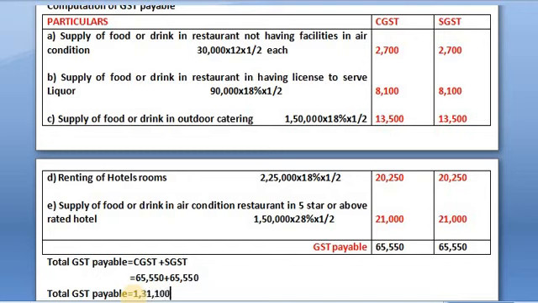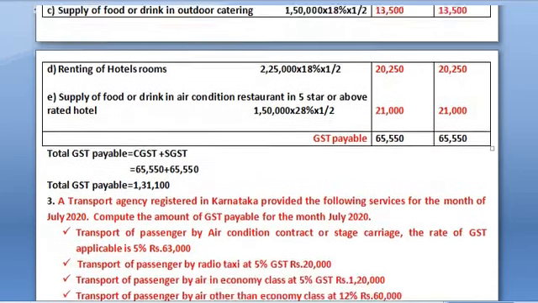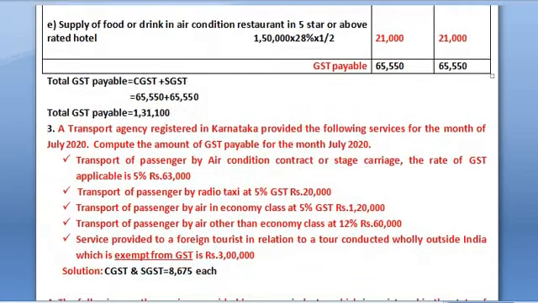So in this way you can show it at the end. This is only GST payable, this is total GST payable, CGST plus SGST. So he has to pay total GST of 1,31,100. In this way, 1,50,000 into 18% divided by 2, or 1,50,000 into 9% each, that is how you can show the calculation. Hope people are clear. And next, let us go with the next problem.